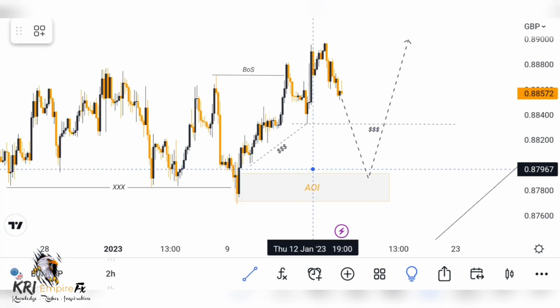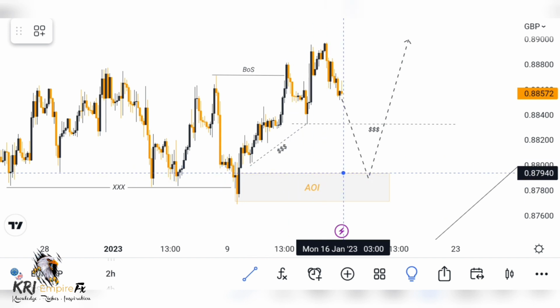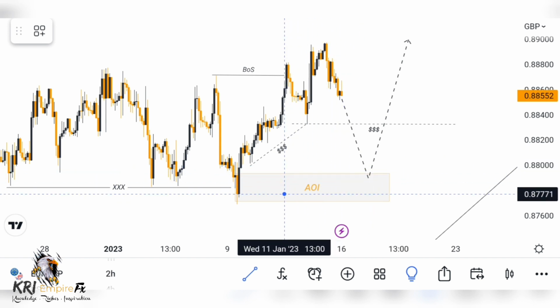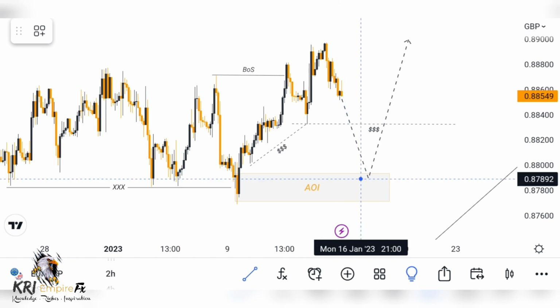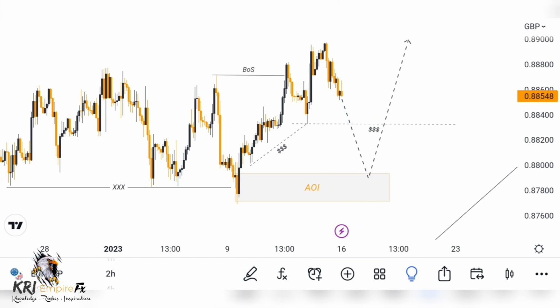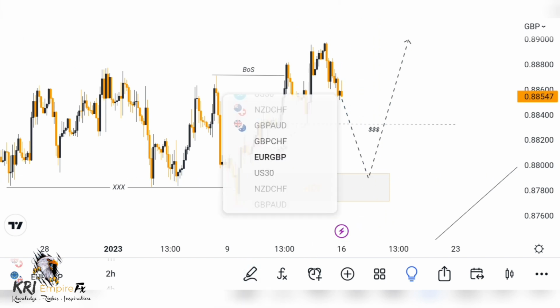So this still could be a very high probability zone, but let me show you the kind of zone I'll be comfortable trading. So let's move to another pair.